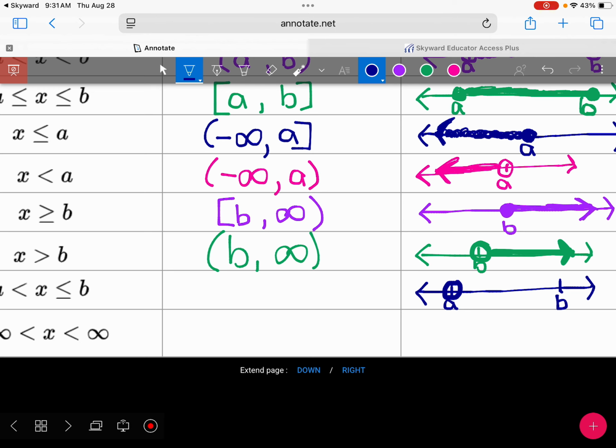Open. Are we going to do an open circle or a closed circle at B? Closed. And are we going to color between them or away from them? Between them. So our interval, the low end is A, the high end is B. We're going from A to B.